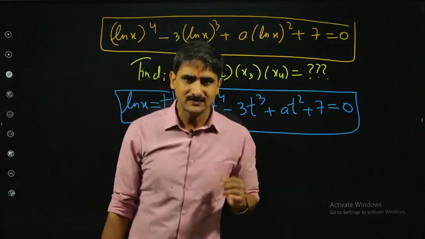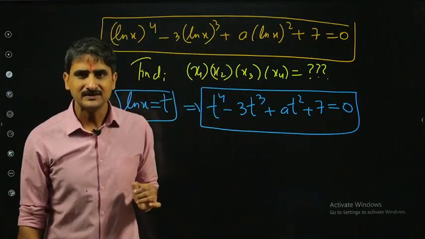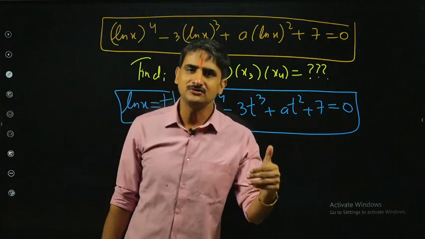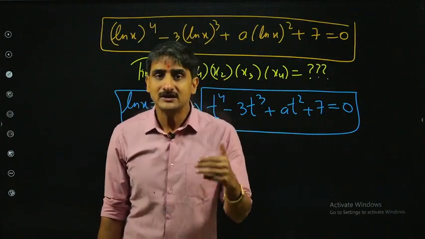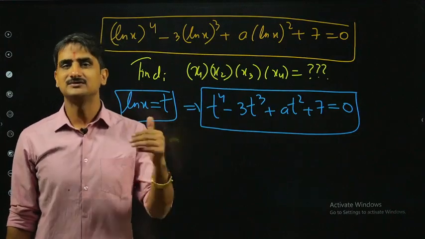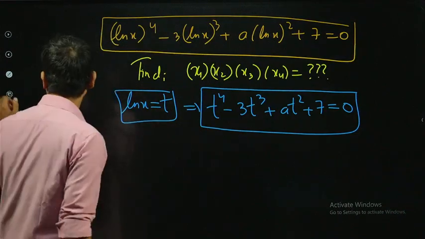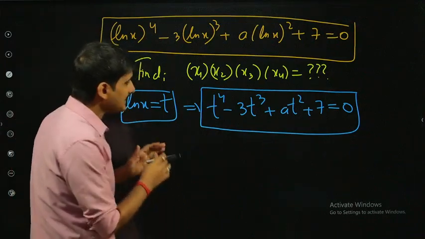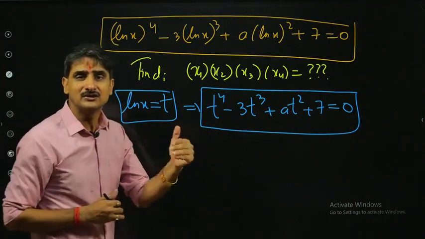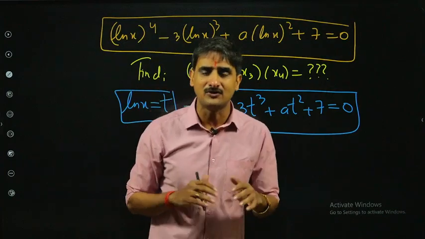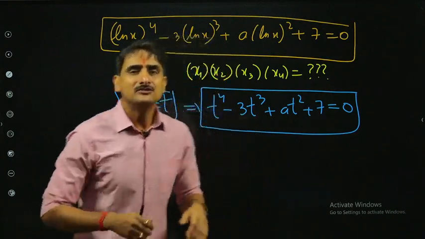That's why I picked up this question. Do we need t1 into t2 into t3 into t4, or do we need x1 into x2 into x3 into x4? Why am I asking? Because here you will be applying the relations between the roots and the coefficients of the polynomial. So what will I be writing?